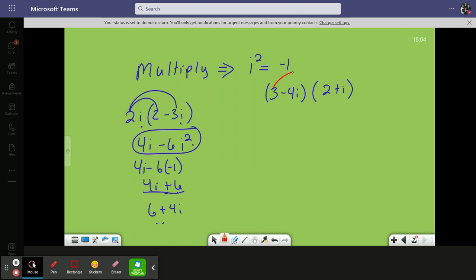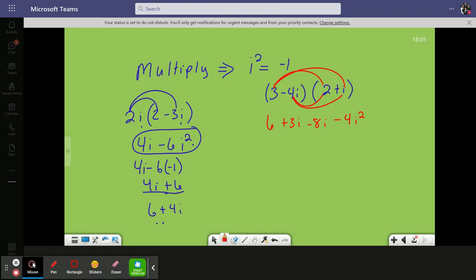So first I get 6, 3 times 2. Outside, I got a positive 3i. Inside gives me a negative 8i. And last gives me a negative 4i squared.